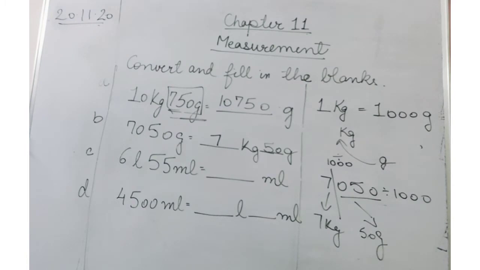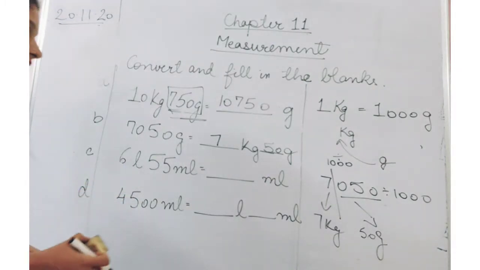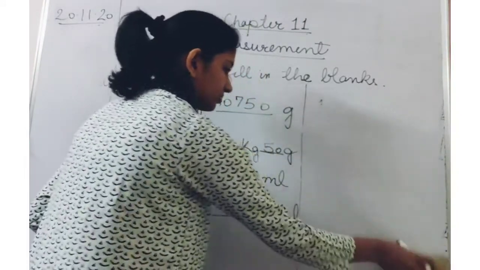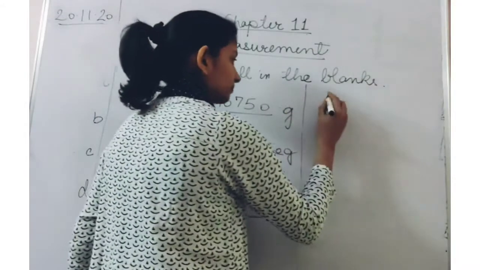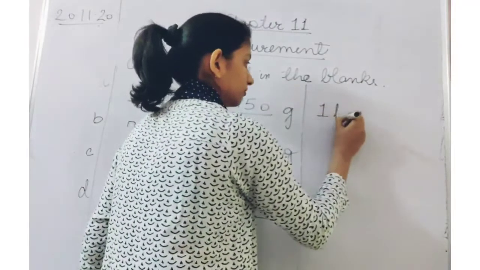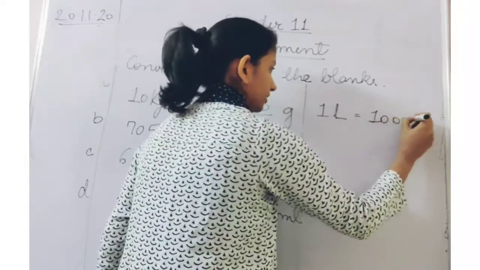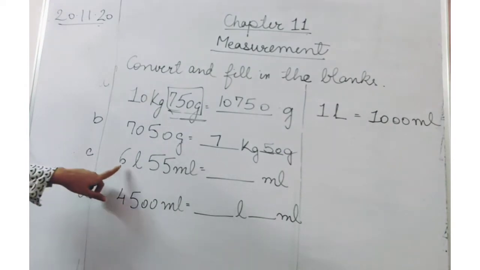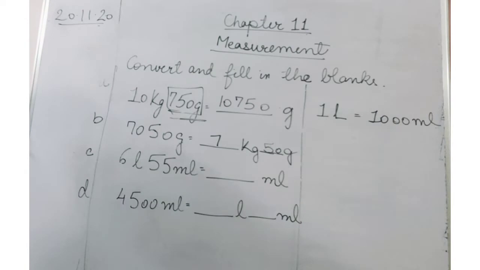Now let's have a look at the next two parts, which are liter and milliliter. Show the relation between liter and milliliter. 1 liter is equal to 1000 milliliter. You have here 6 liter and you have to convert it into milliliter.